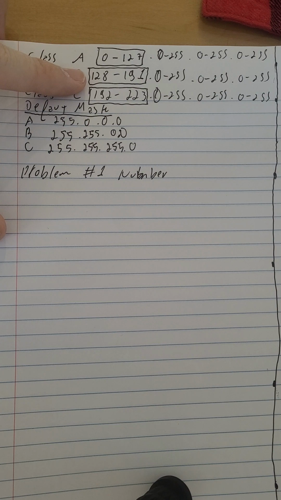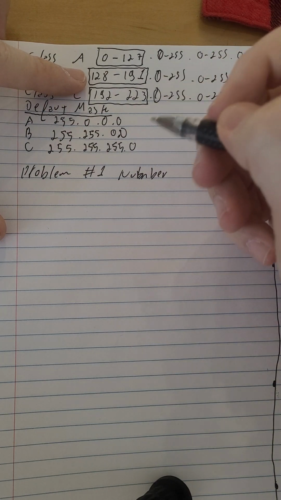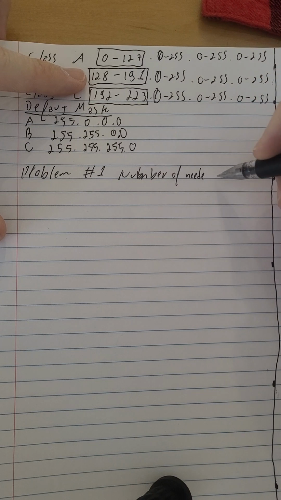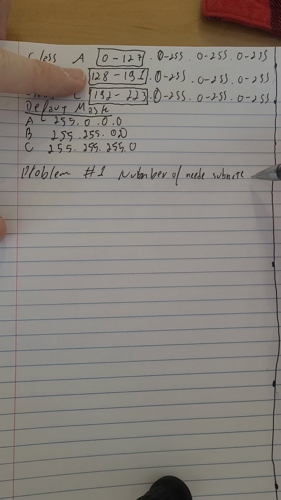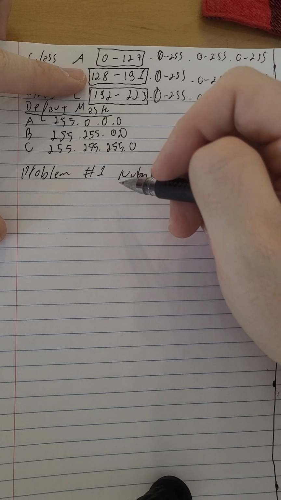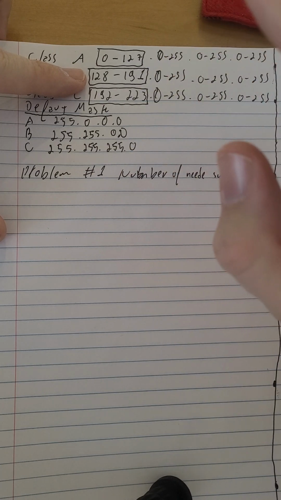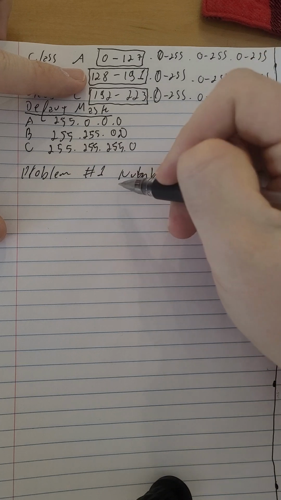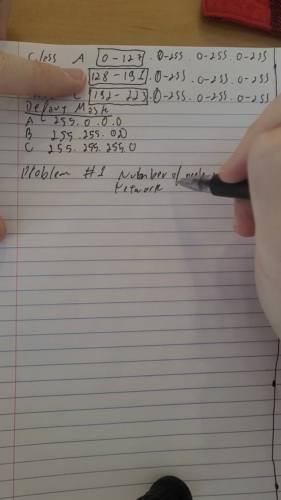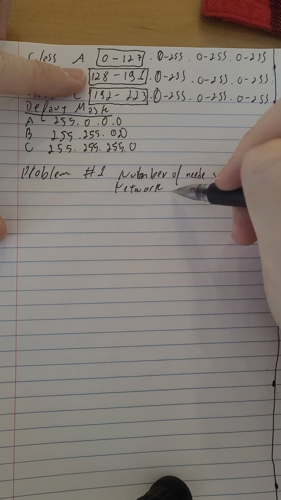He starts with the number of needed subnets, and he says 14 subnets. And then he says network address.